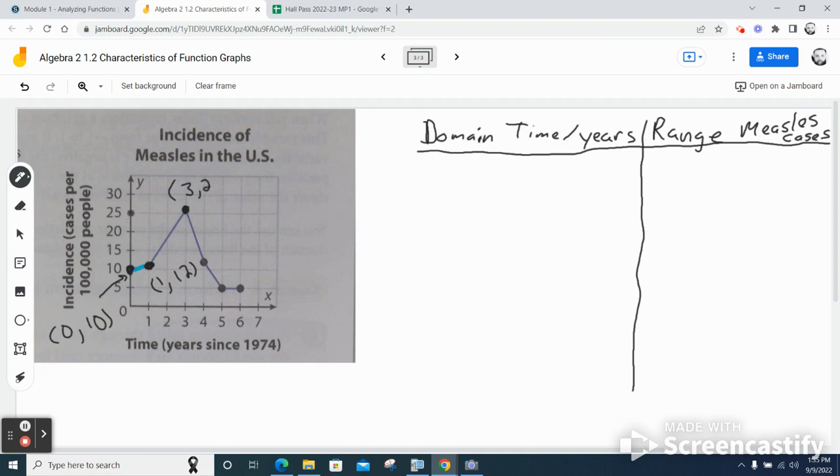No, it's more than 25, so probably 26. What about this point here? 4, comma 13 sounds good. What about this point here? That'll be 5, comma 5 maybe. And then this point here is probably 6, comma 5.